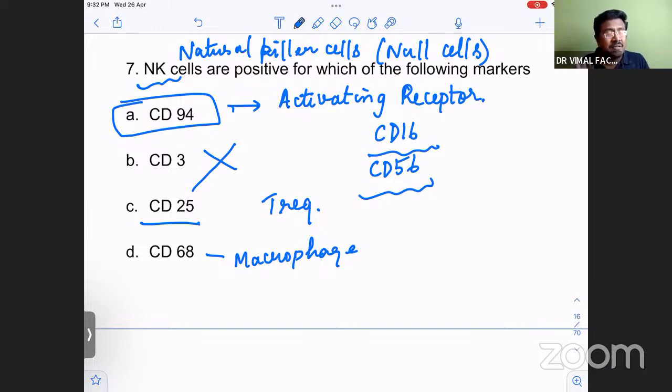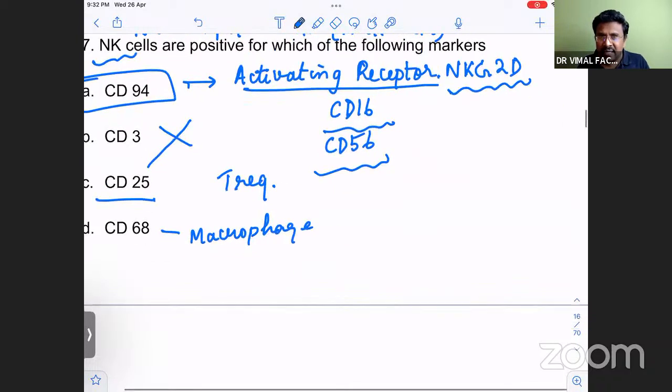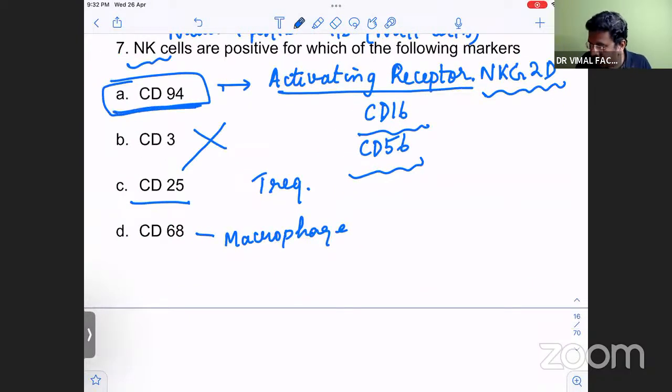For this, the receptors have to be activated, and the activating receptor is the NKG2D receptor. The marker is CD94. The chance of repetition is high.